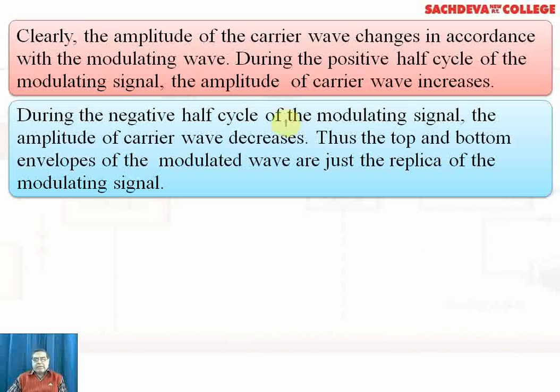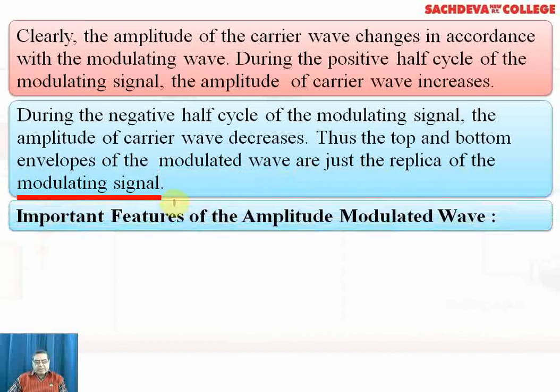So during the negative half cycle of the modulating signal, that is the mixed signal, mixed signal meaning audio signal plus radio signal or the carrier signal, the amplitude of the carrier wave decreases. Thus, the top and bottom envelopes of the modulated wave are just a replica of the modulating signal.